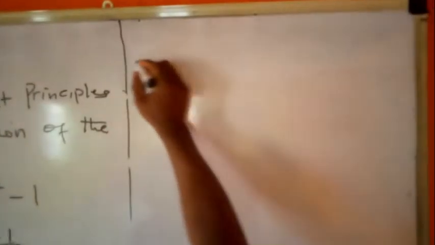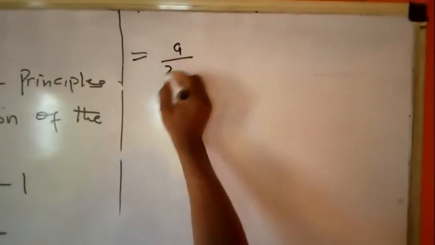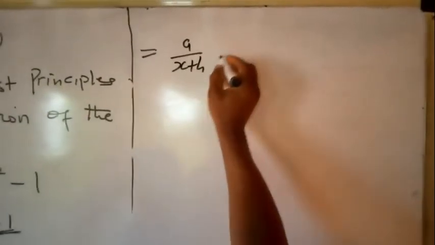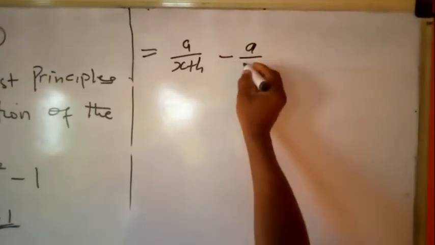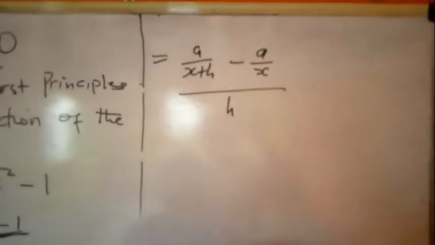So we have a all over x plus h minus a all over x, all over h.